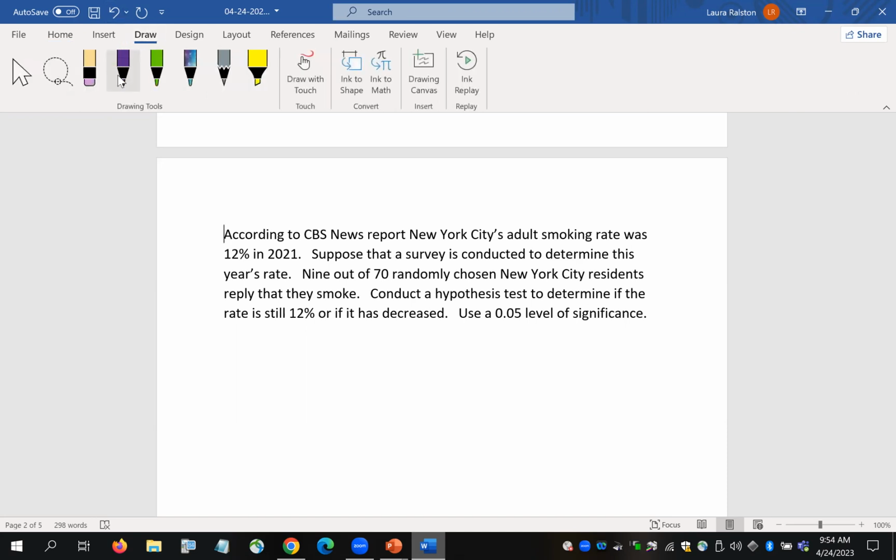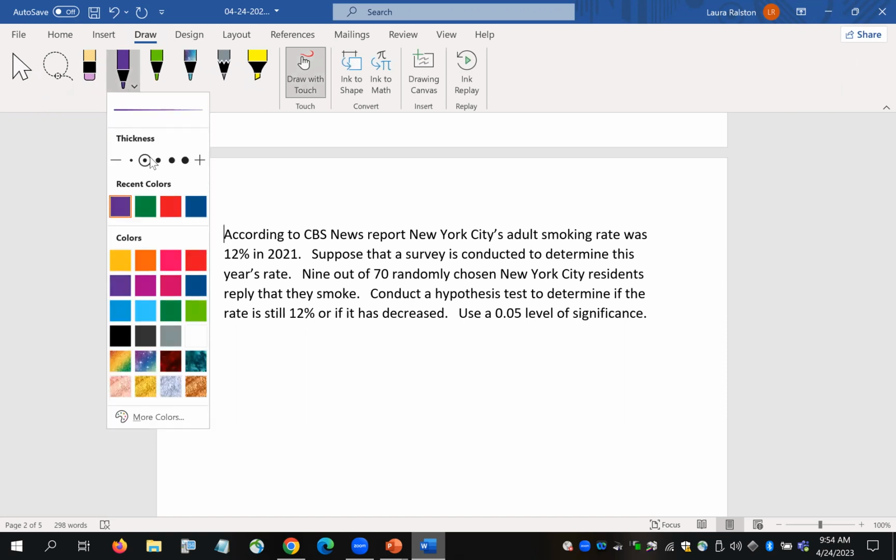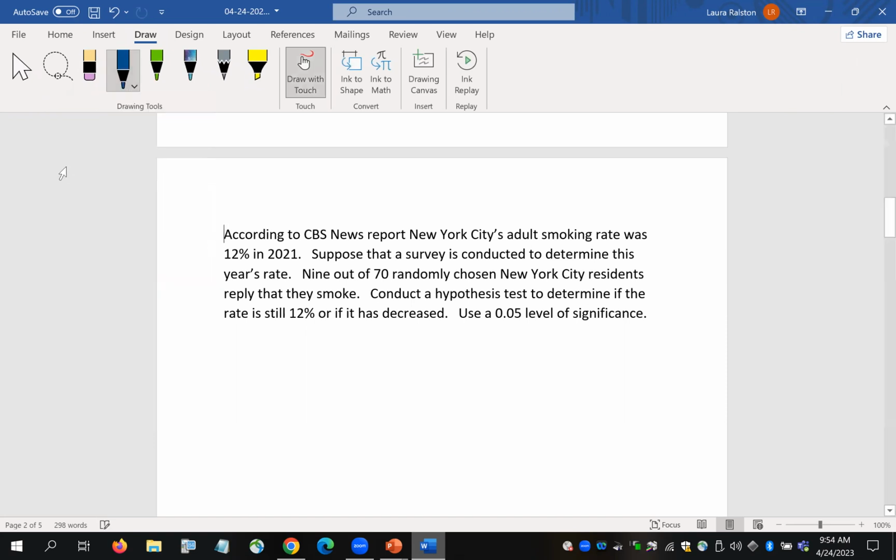So a couple of things that I want to point out after reading this problem. First off, as I read through the problem, there is no mention of the mean. Nowhere in that paragraph does it talk about the mean or the average.